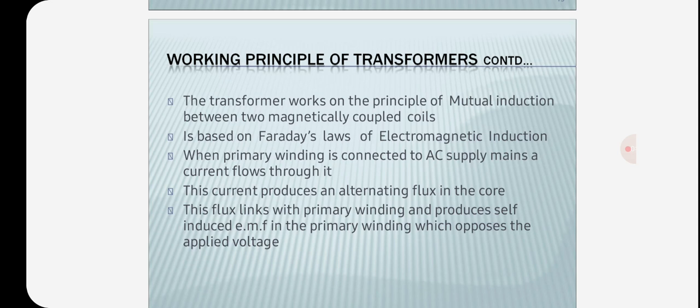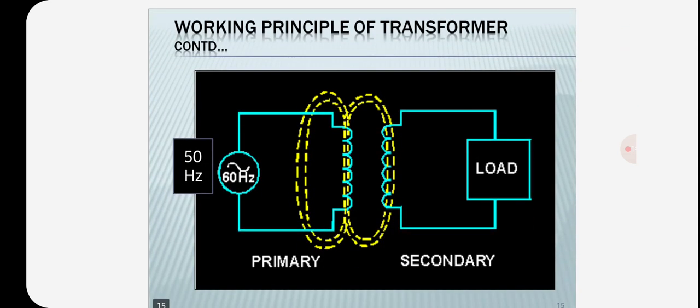So what is mutual inductance? The EMF induced in one coil due to the change of flux in a neighboring coil is known as mutual induced EMF, and the phenomenon is known as mutual inductance.